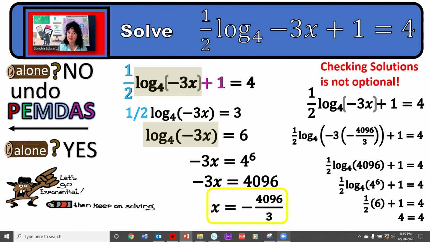We're going to level up next time and have multiple logs in the original equation. But for now, we only have one log in the equation. So we want to get the one logarithm by itself by only undoing the order of operations. Don't lasso. Hold on there, cowboy. Don't move those exponents to the front. So get your logarithm by itself by undoing PEMDAS, then change to exponential form and continue solving for x.